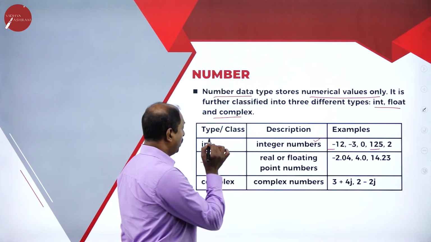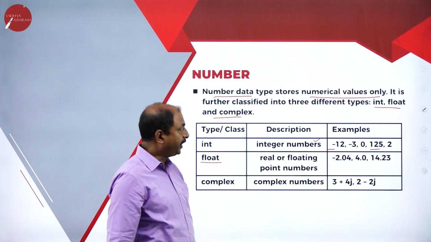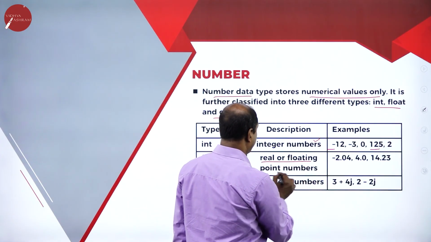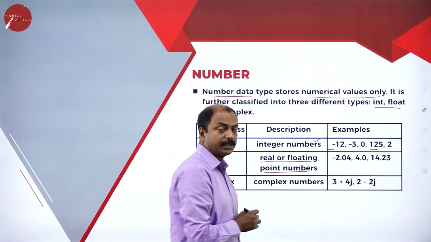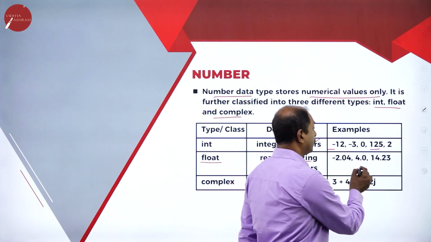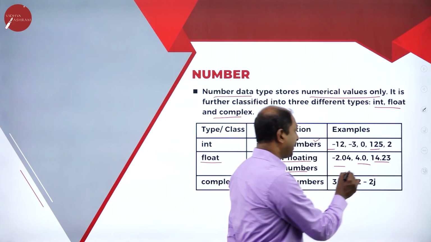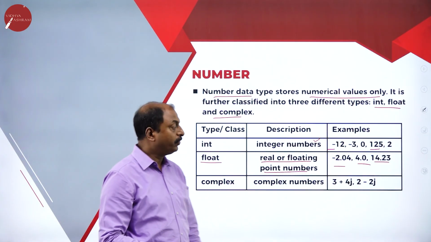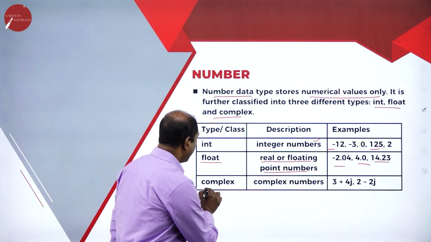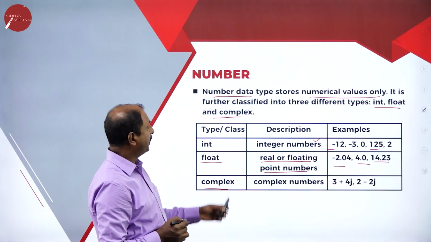And float is another data type under number. It is used to store real numbers or floating point numbers, either negative or positive. So we use it to store decimal numbers, either positive or negative. That forms the float data type. The next one is the complex data type.